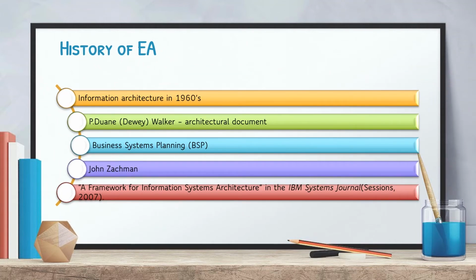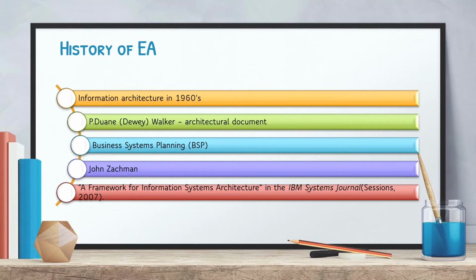EA originated from the development of information architecture in the 1960s. This was developed by P2a Walker, who developed the architectural document. This architectural document formed the basis for business systems planning, the BSP. John Zachman was a student of Walker, so he also contributed to the evolution of BSP.